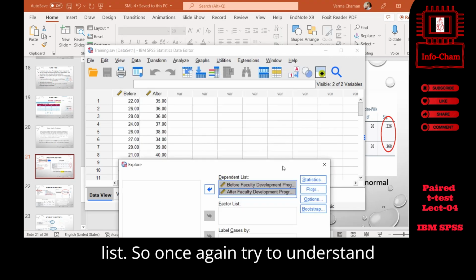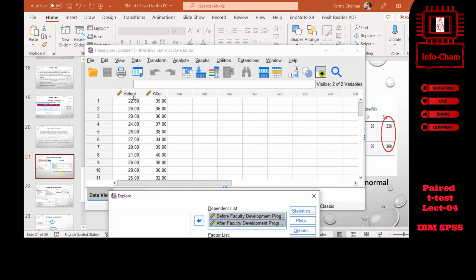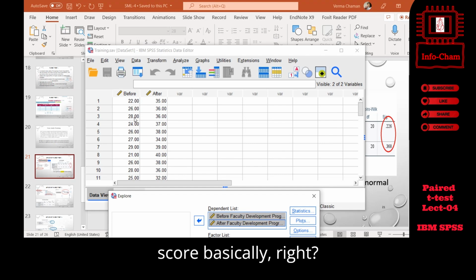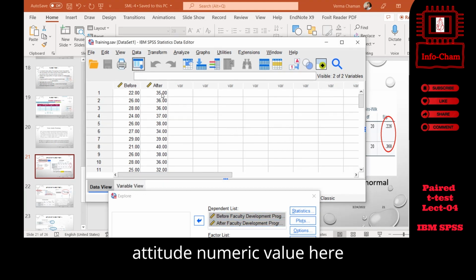So once again, try to understand the data set once. Have a look. Before the FDP, it was the mean score basically, right? Can you see here? After the FDP, there is another value, the mean score of their attitude.